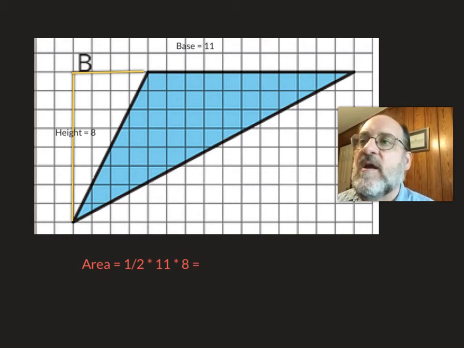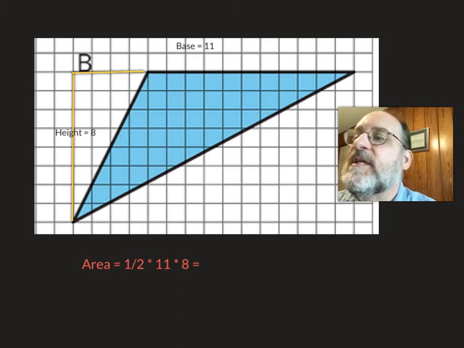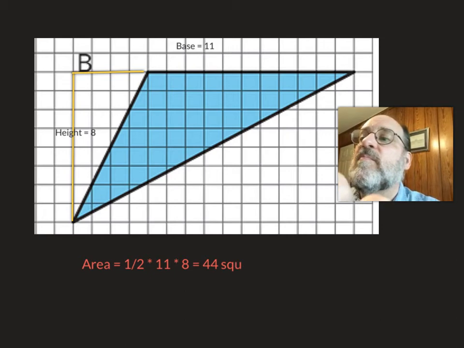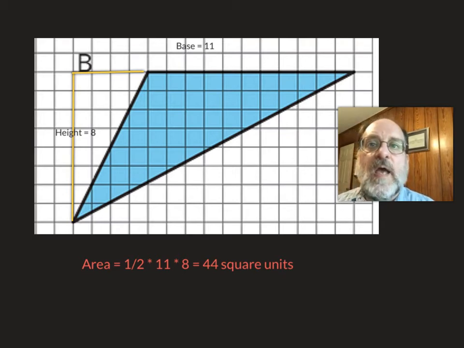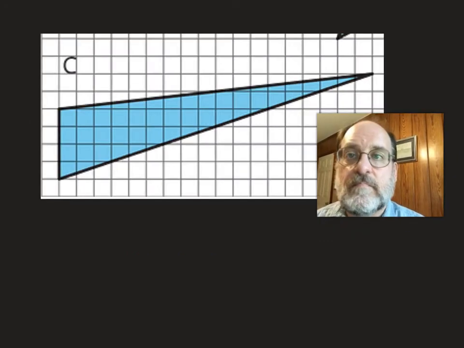And what we get there, well, 8 times 11 is 88. Half of that is really easy to find. That is 44 square units. Okay, this time when we found the height, it was outside of my triangle. That's fine. As long as I can draw something where I can see a right angle, I'm good.